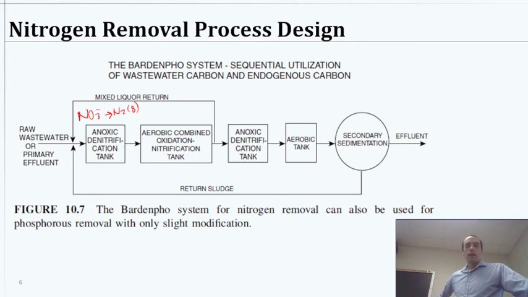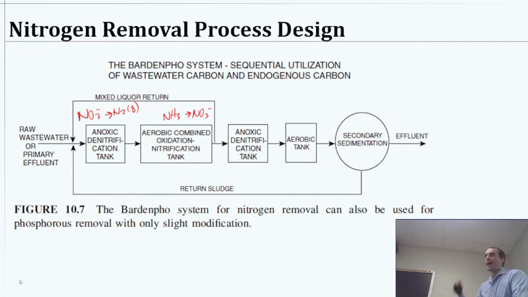After that, an aerobic combined oxygenation nitrification tank. So here we just started off by trying to remove any nitrate we have. Then we're going to convert into more nitrate, whatever happened to be digestible there, and then kind of sequence it back, right? So now we have anoxic denitrification again and another aeration tank.